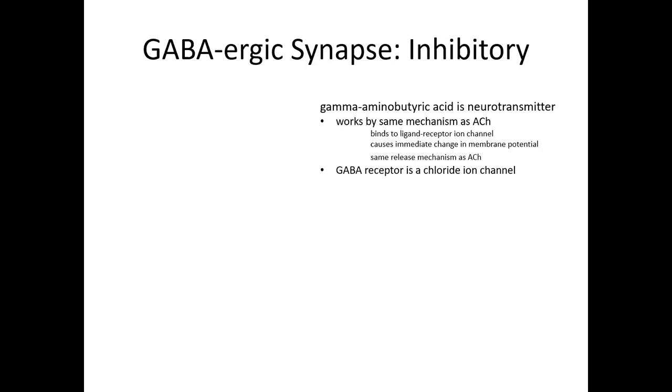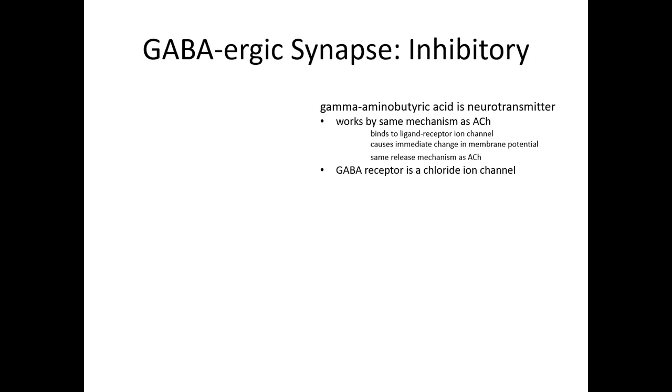So the way GABA works is by the same mechanism as acetylcholine. In other words, it's going to bind to a ligand receptor ion channel, and it's going to cause a change in the membrane potential. The ion channel is going to open and release. But as opposed to acetylcholine, remember what kind of ion did acetylcholine let enter the muscle cell?